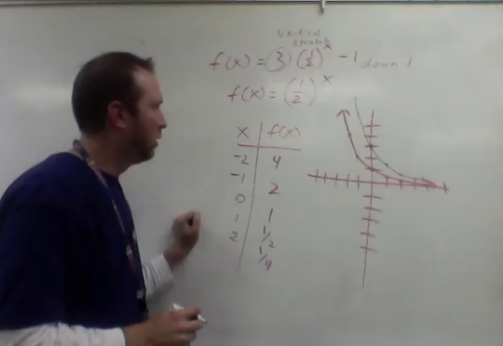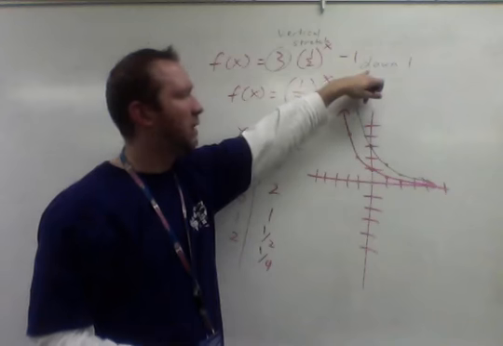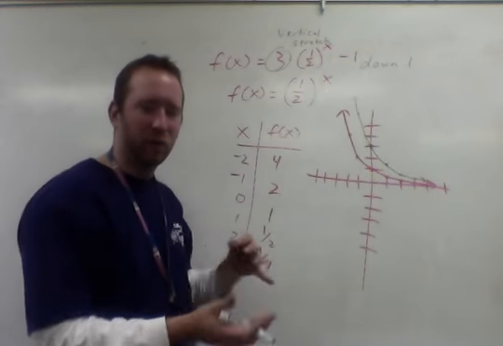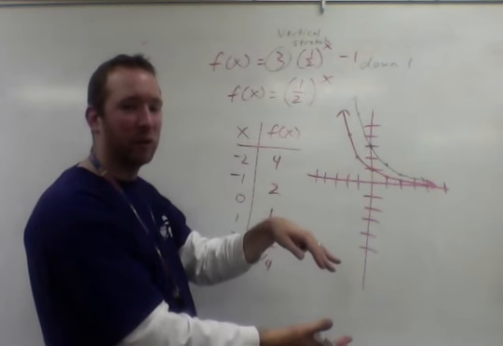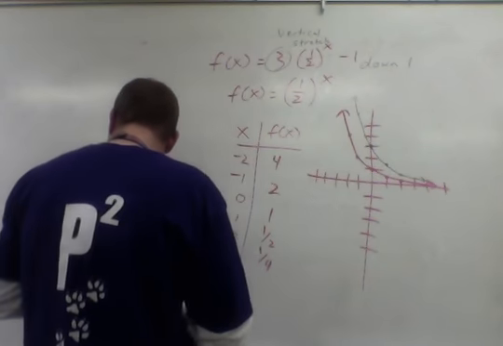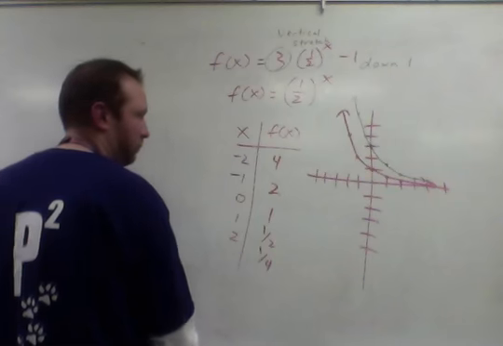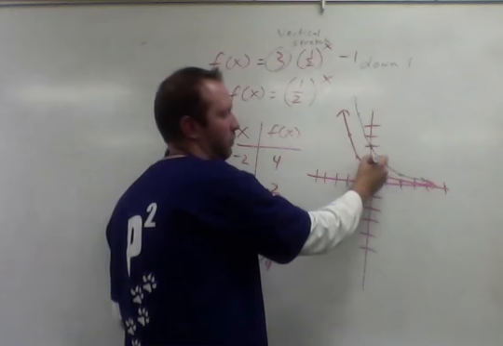Okay. So that's been the vertical stretch. Now I need to apply the down 1. And you can definitely do this all at one time. I'm going to now shift this graph 1 unit down. Okay. So I'm going to kind of take a look at that. As we take every point, move it 1 down.